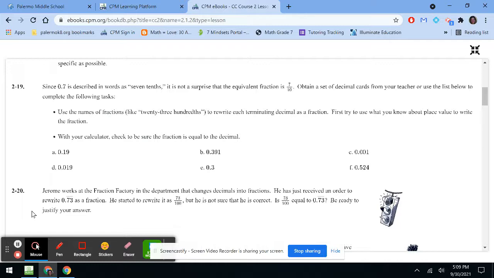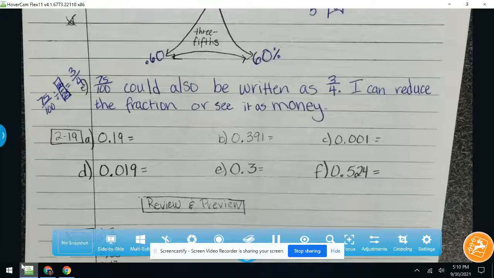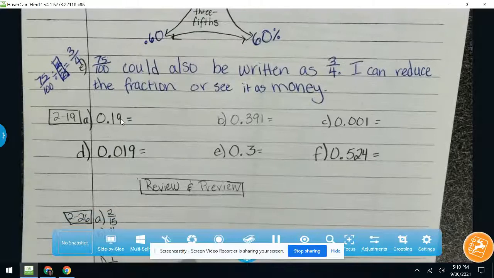Use the names of the fractions like 23 hundredths to rewrite each terminating decimal as a fraction. First, try to use what you know about place value to write the fraction. Then, with a calculator, we're going to check to see if the fraction is equal to the decimal. So here we go. I wrote all of these down already in your notebook for you. You're welcome. So we're going to read this one aloud.